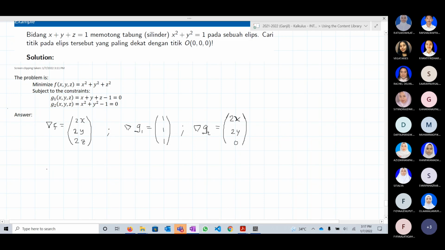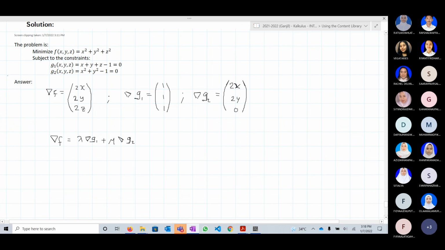So we need to solve grad f equals lambda grad g1 plus mu grad g2, which means (2x, 2y, 2z) equals lambda (1, 1, 1) plus mu (2x, 2y, 0).